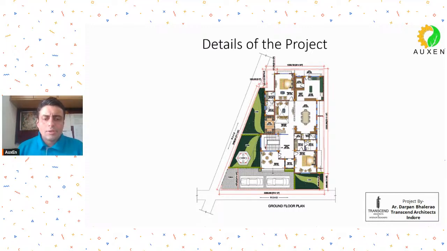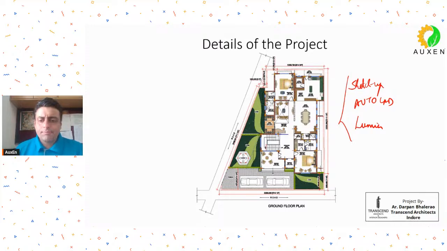So what software am I talking about? Try to learn SketchUp, try to learn AutoCAD properly, and try to learn the rendering software Lumion. If you know these tools, you will be able to put your ideas in a better way, and plus learn a few things about climate science or climatology, and learn a few things about Vastu planning.